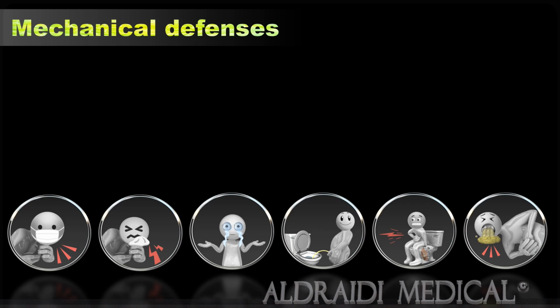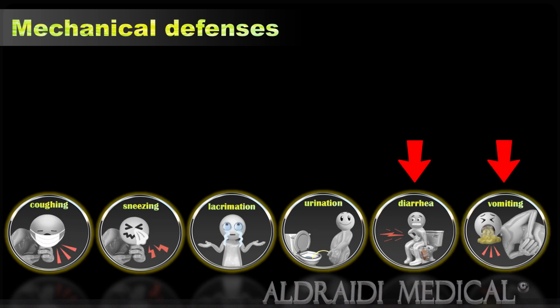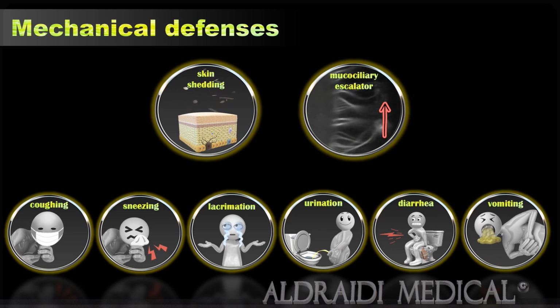And these include mainly coughing, sneezing, lacrimation, urination, peristalsis, which may become diarrhea, and also vomiting, both of which we see a lot during many infections. We also have the shedding of skin and the movement of cilia. All these are mechanical mechanisms of pathogen elimination used by our immune system and have the same goal of expelling pathogens outside of the body.